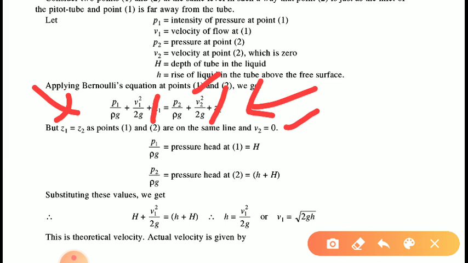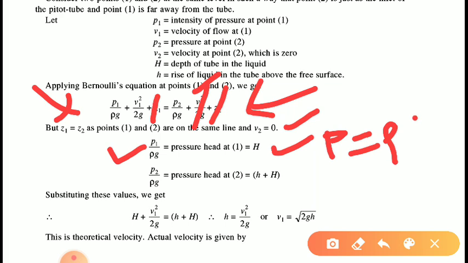Hence this V2 square upon 2g will also get nullified. Then P1 upon rho g is the head at point 1. At point 1 the pressure head due to the liquid level, P1 upon rho g, is equal to capital H according to hydrostatic law.